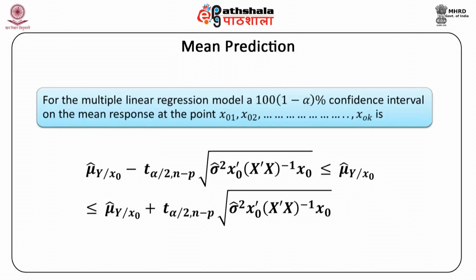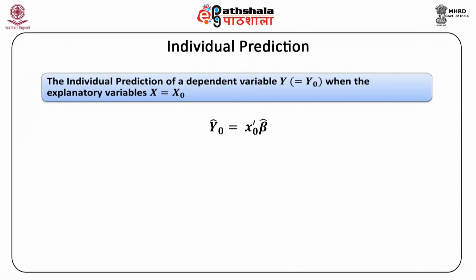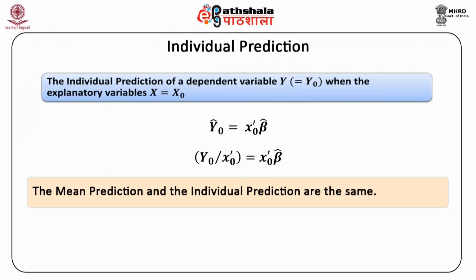Individual prediction. The individual prediction of a dependent variable y, which is equal to y0 when the explanatory variable x equals x0, is given by y0 hat equal to x0 prime beta hat. It could also be written as y0 given x0 prime equal to x0 prime beta hat. The mean prediction and the individual prediction are the same. However, their difference lies in their variances.